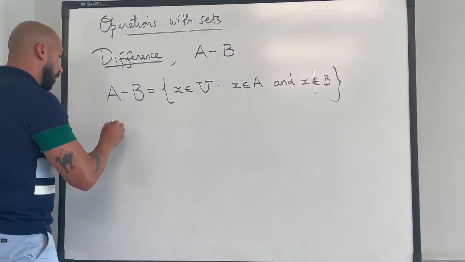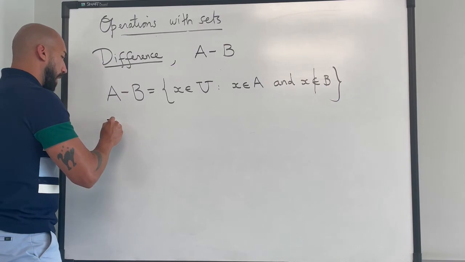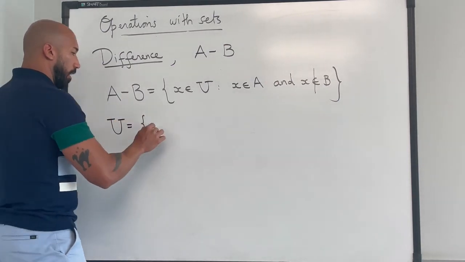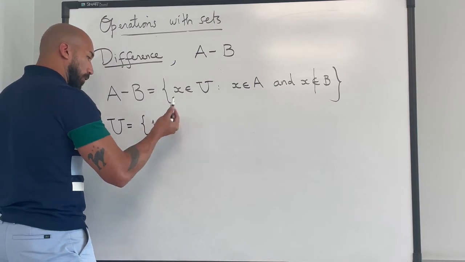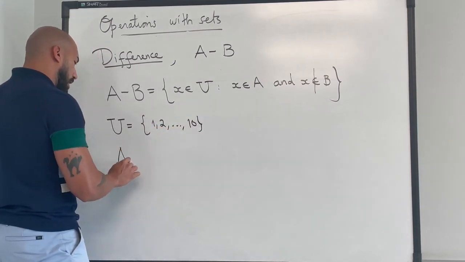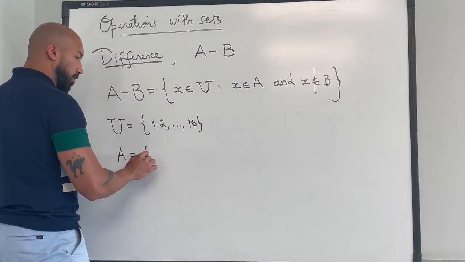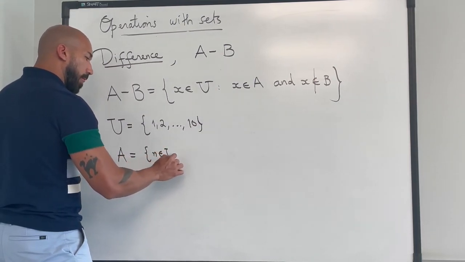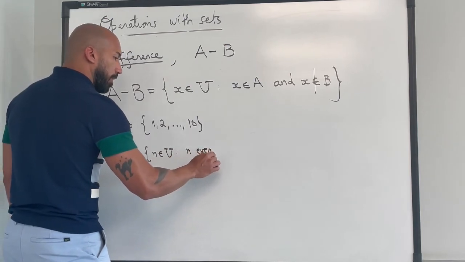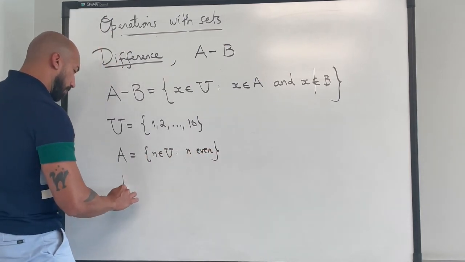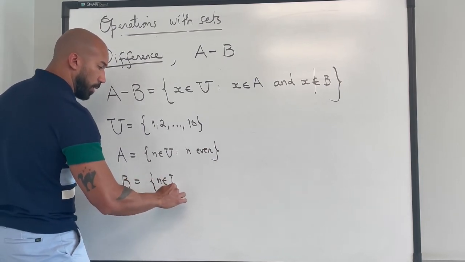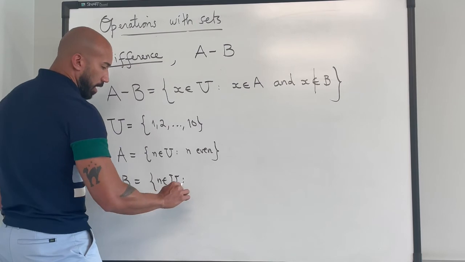So, for example, if the universe is, again, the natural numbers from 1 to 10, and A is equal to the even numbers, and B, in the universe, B are the odd numbers.